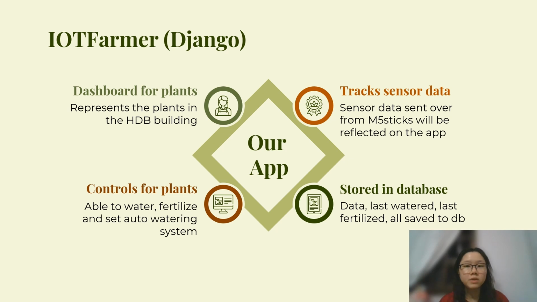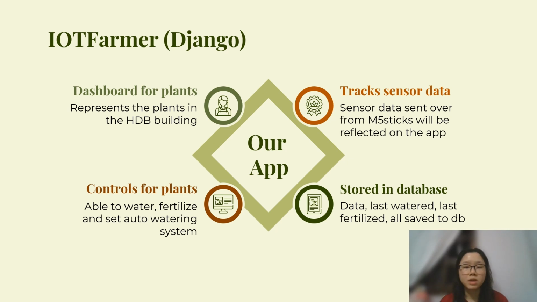Next, our Django server serves as the backbone of our application, while providing a comprehensive dashboard for managing plants within a HDB, offering insights into each plant's status and conditions. Sensor data collected by M56C Plus devices is seamlessly integrated into the dashboard, allowing users to track vital metrics such as water levels and nutrient levels.